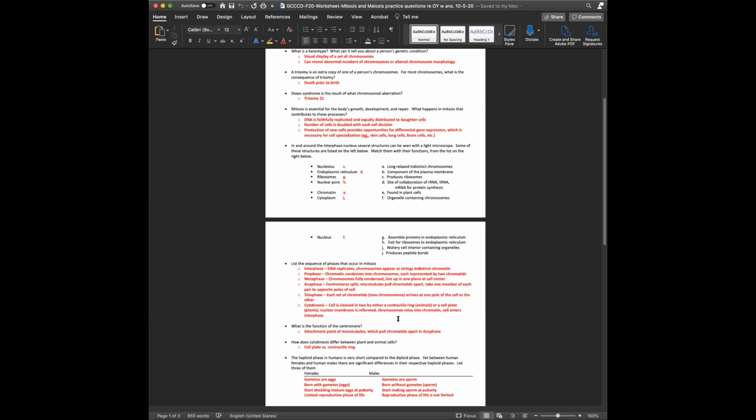What is the function of the centromere? You remember the picture of the chromosome with the centromere in it? Centromeres are usually toward the center of the chromosome, and they divide the chromosome into 2 arms, a P arm and a Q arm. And it's the point where microtubules attach.